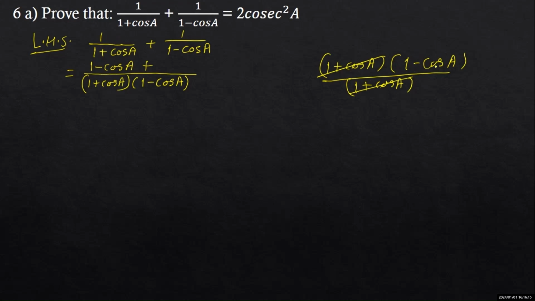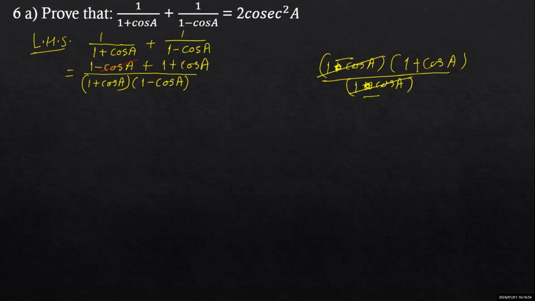It will be 1 minus cos A again. And divide the common denominator by the second denominator, 1 minus cos A. Similarly, 1 minus cos A and 1 minus cos A will be cancelled and it will remain 1 plus cos A. 1 plus cos A into 1 is 1 plus cos A.